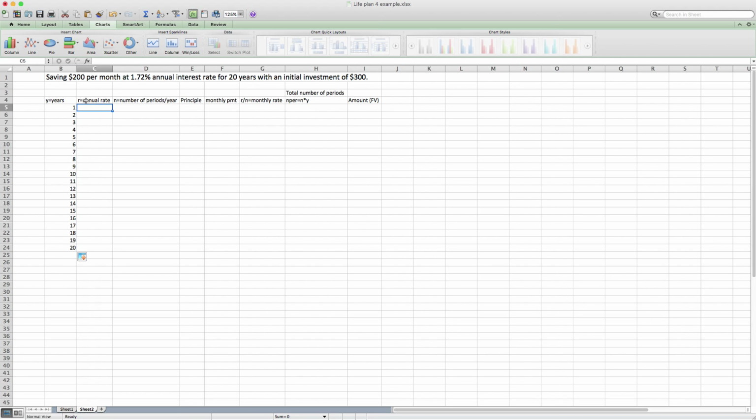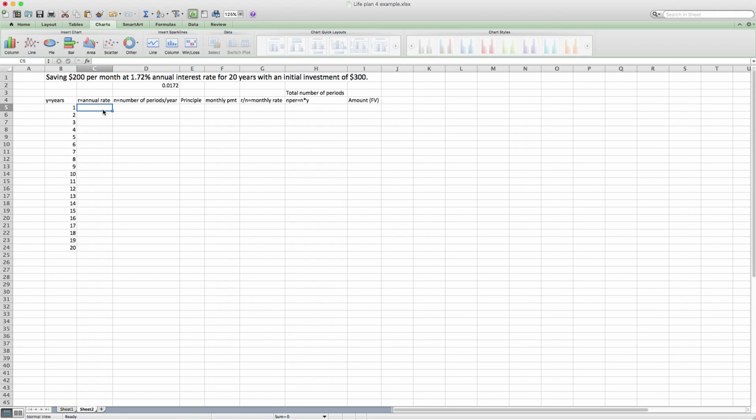Now our rate, R, is the annual rate. Here we have it written as a percentage. If you're going to calculate this on a calculator, you're going to need to change the percentage into a decimal, which would be 0.0172. That is the same as 1.72%.